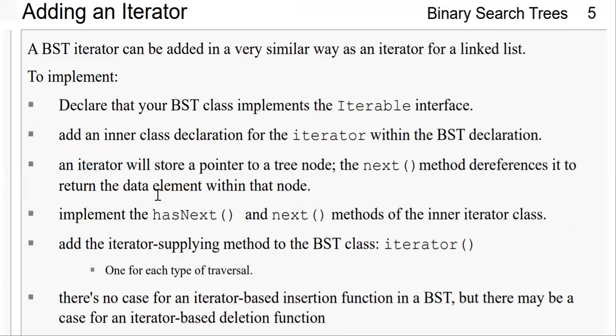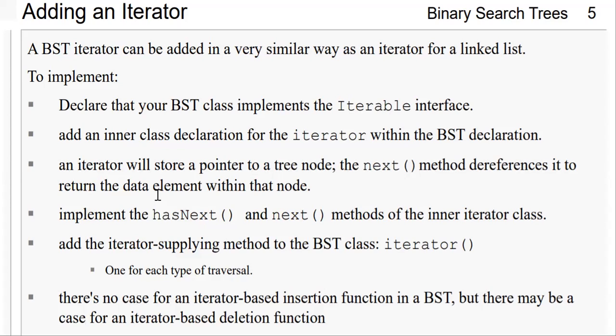For adding the iterator, we have already seen the hasNext and next functions. This is one of the methods we have to implement for an iterator, as for a linked list. For this purpose, we first declare the binary search tree class to implement the Iterable interface and add an inner class for the iterator within the binary search tree declaration.